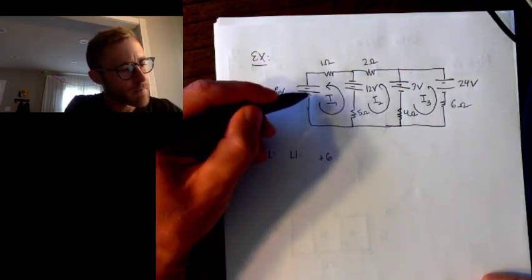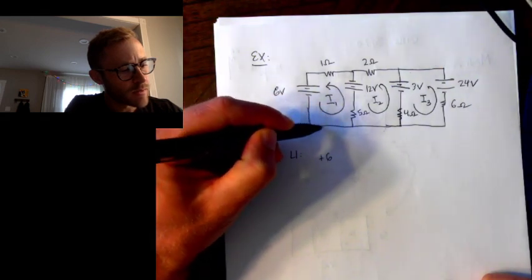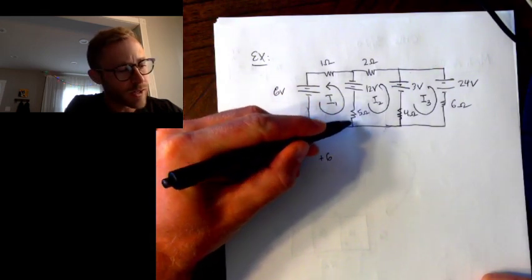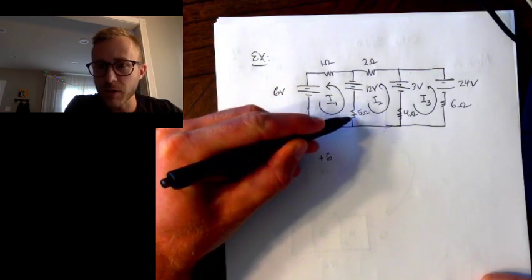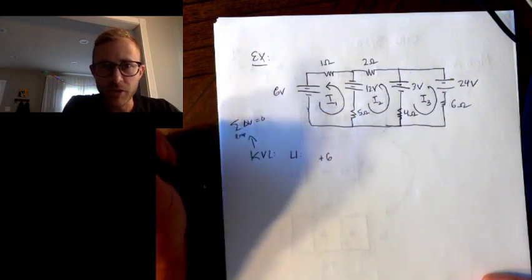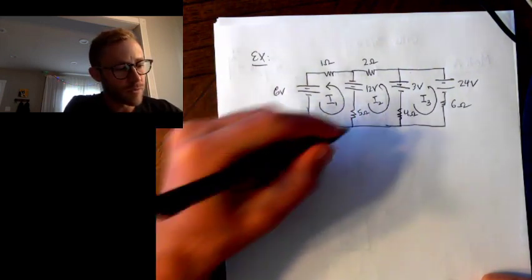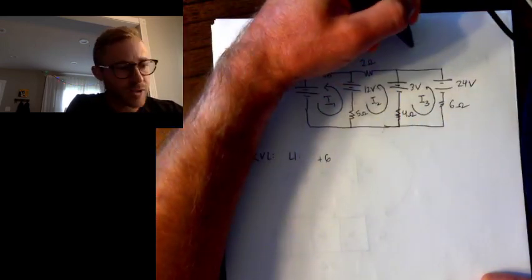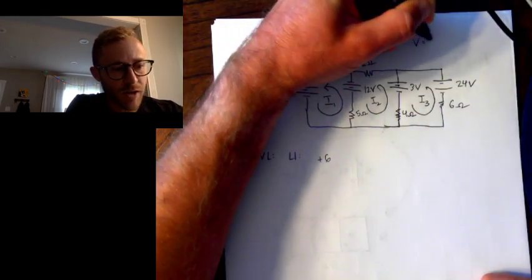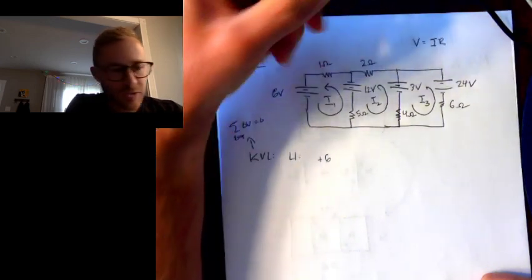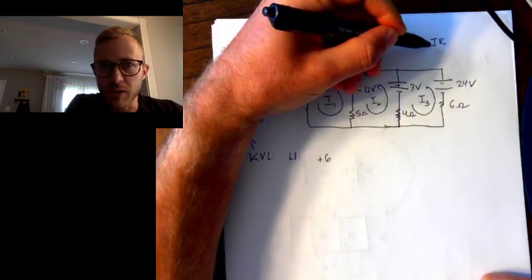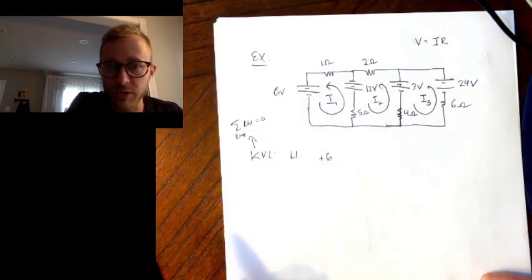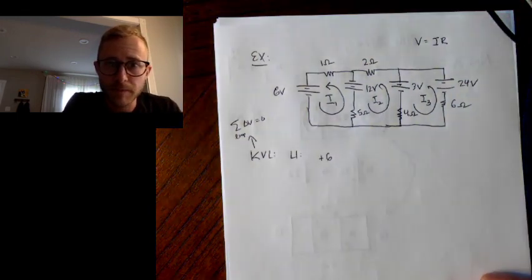All right. And then I continue around the loop, and then I run into this 5 ohm resistor. Now the voltage drop across a 5 ohm resistor is going to be V equals IR. But this I corresponds to the real current that's flowing through the resistor, not the loop current.